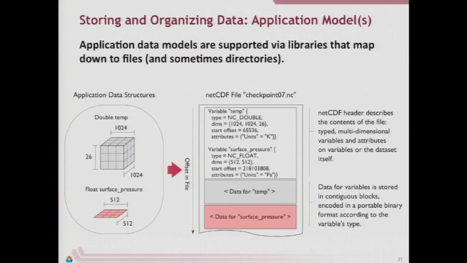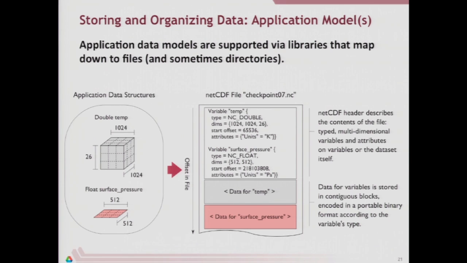So rather than you as an application programmer having to say, okay, I'm going to put this piece of data at this location in a file, you can instead say, I would like to store a three-dimensional double precision array, and I would like the dimensions to look like this, and then let me write that data out, right?